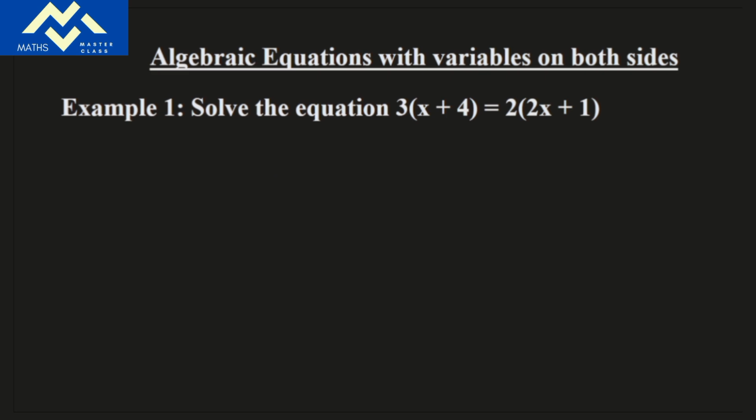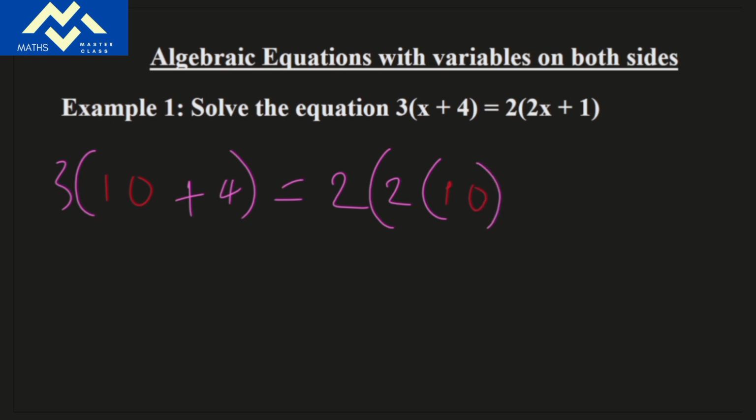We substitute 10 in place of x in the equation. So this becomes 3(10 + 4) = 2(2 × 10 + 1).